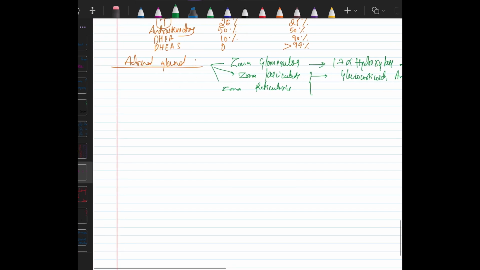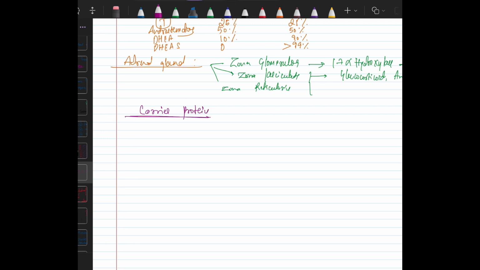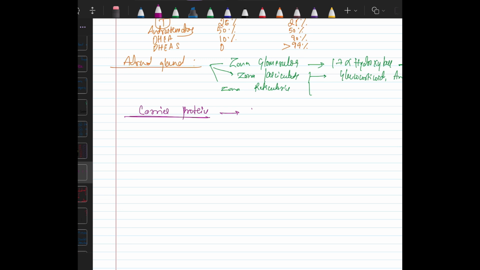now steroid hormones are produced. So after the production, how are they carried? Mainly they are transported in circulation using carrier proteins. Most of them bind to these carrier proteins and are circulated throughout the body. These proteins are known as sex hormone binding globulins, thyroid binding globulins, corticosteroid binding globulins, and also albumin.